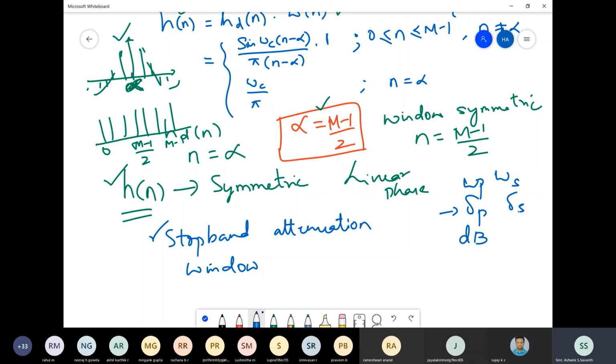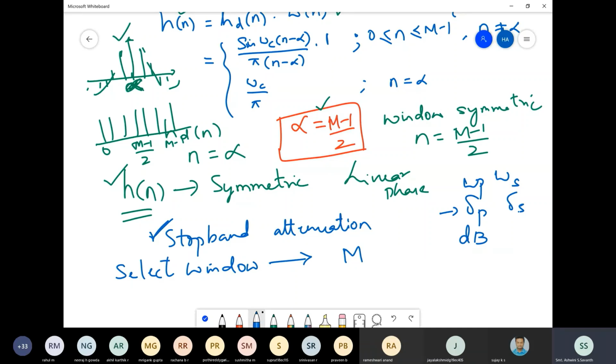But in the syllabus, 4 windows are specified: Bartlett, Hamming, Hanning, and rectangular. So how do you select which window to use? It depends on the stop band attenuation. So looking at the stop band attenuation, select the kind of window function that you are going to be using. For each window function, there is a different m that you can select.